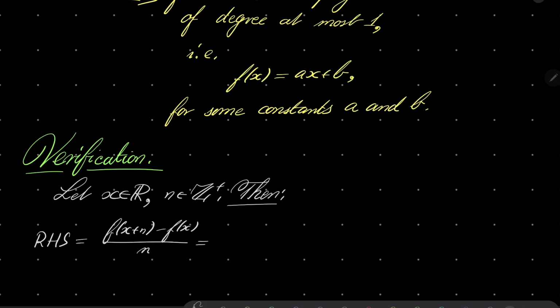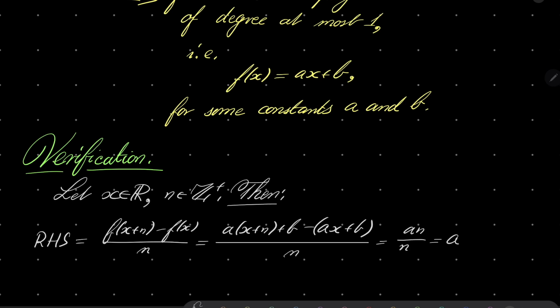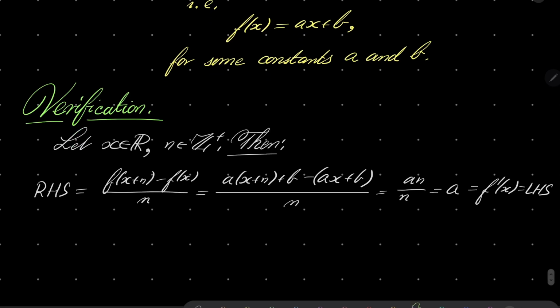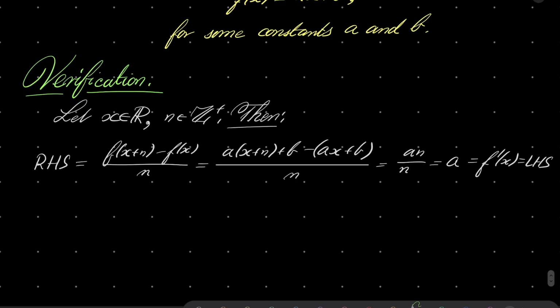So now we have a times x plus n plus b minus ax plus b, all over n, and we are left with what? In the numerator we have an, and here we have n, so it's a. And notice that a is the same as the derivative of our function, which is on the left-hand side.